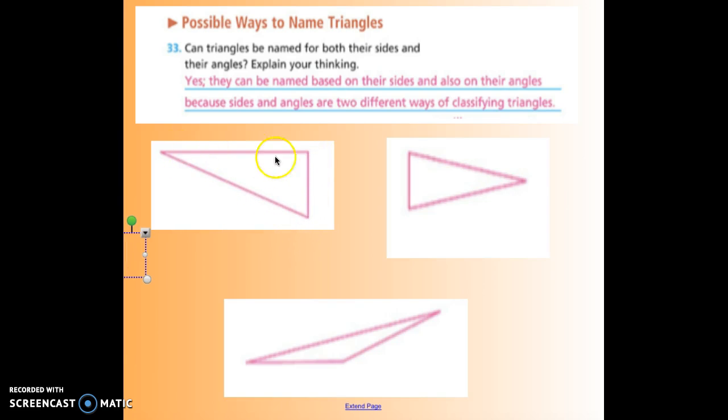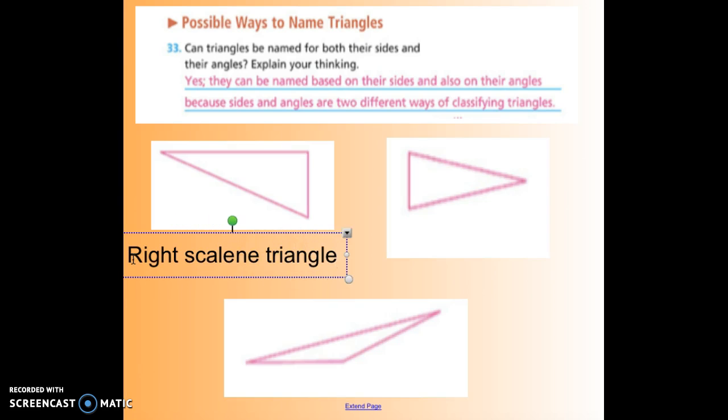They're all different. So I know that it is a scalene triangle, and I also see one right angle here. So I'm going to name this triangle a right scalene triangle. I'm going to name it by its angle first and then by its sides. So in this case, it was a right scalene triangle.